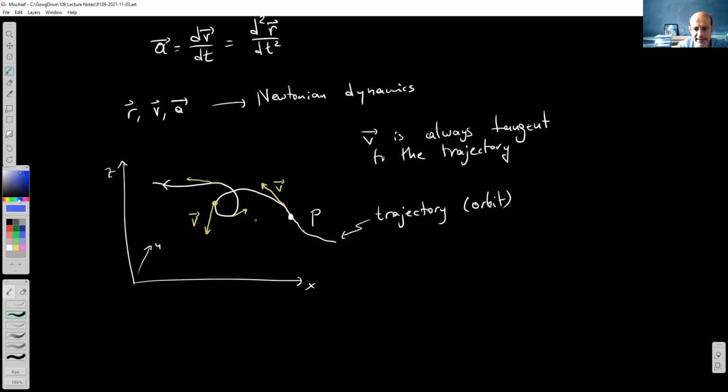And the second thing is, well, acceleration. So you might also have some acceleration, but the acceleration does not need to be in a certain direction. It might be making some angles. We will see later that if the trajectory is curved, then the acceleration has a component towards the center of curvature in a way.